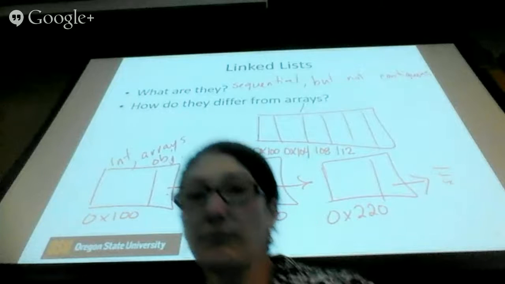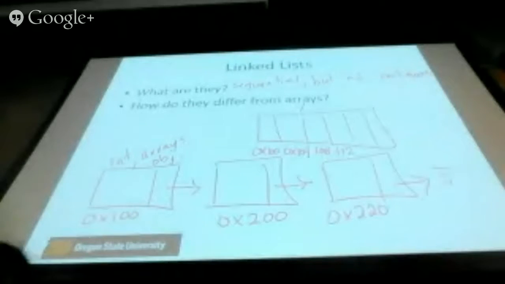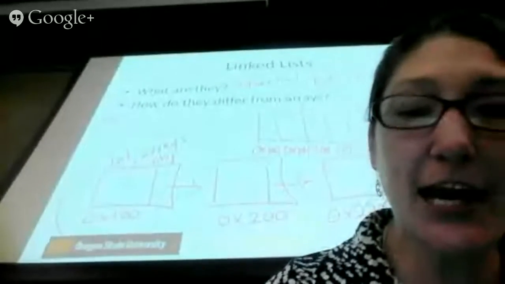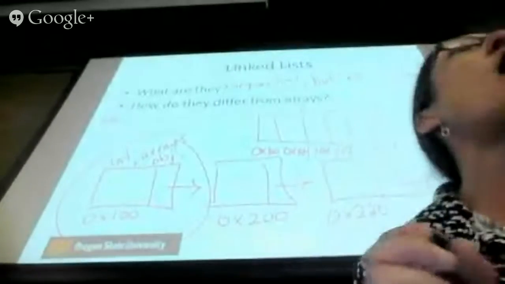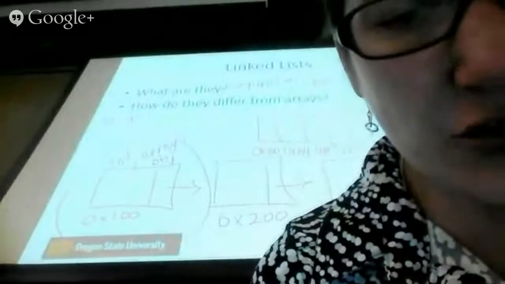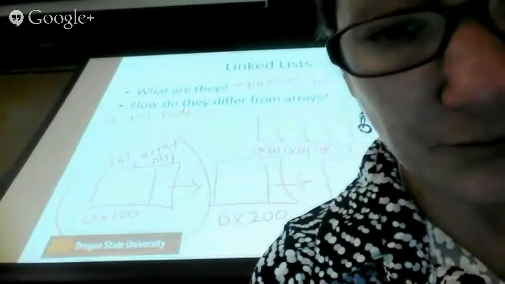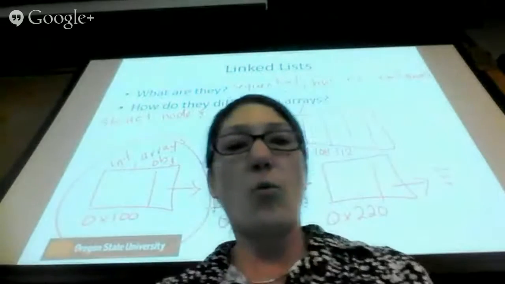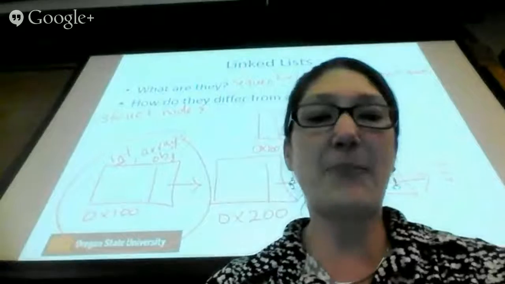Now, let me show you this. If I have a struct, this thing right here, guys, is what's called a node. So we have a struct node, and in this node I have something of a type value.